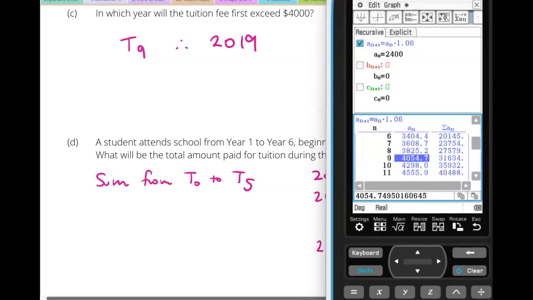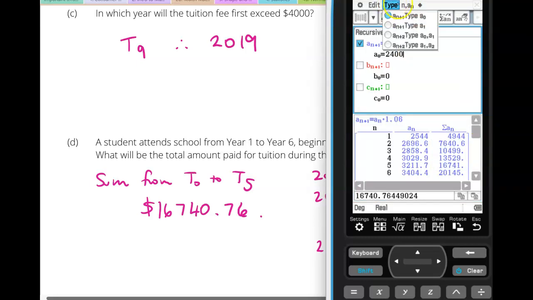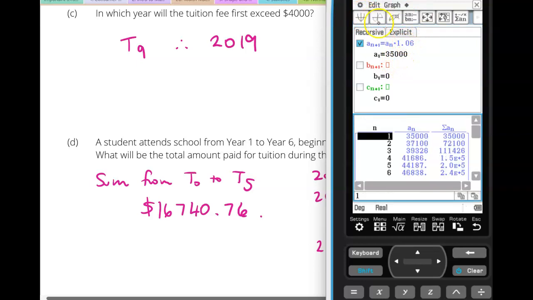So back on the calculator, reading off the sum, and that would be 16,740.76. So had you used term 1, so I'm going to go back, change the type to term 1, you would still get that same figure.